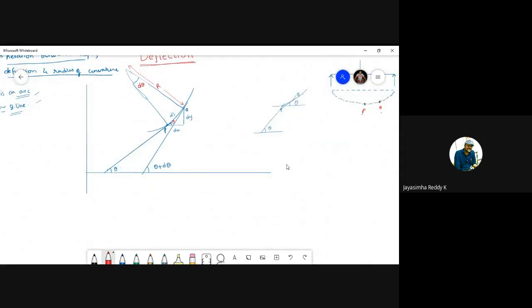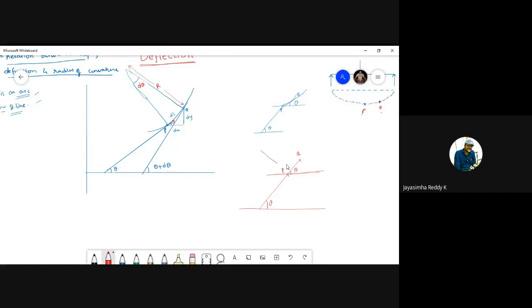I'll just mark it on the right side, students. All of you please observe this. So we have got like this. This is theta, right? And this is somewhere we have got P and Q, and this is also theta, right? Is it clear, guys?